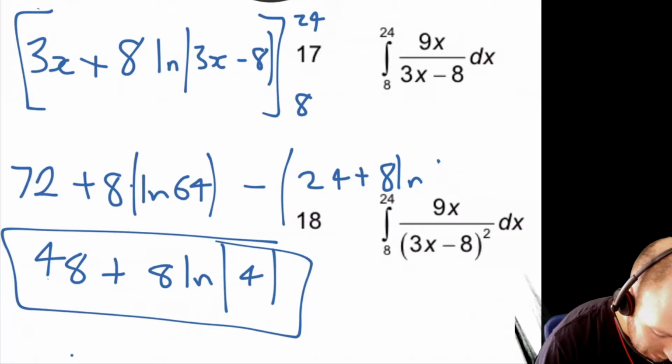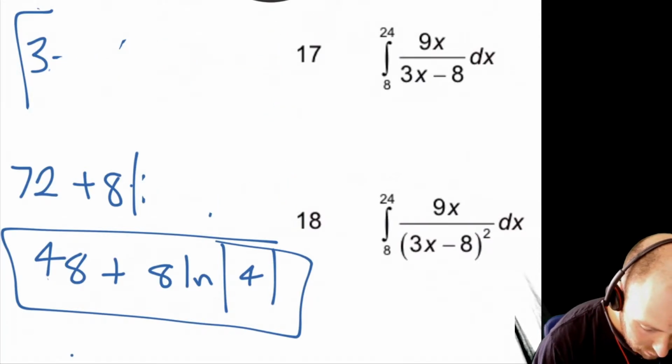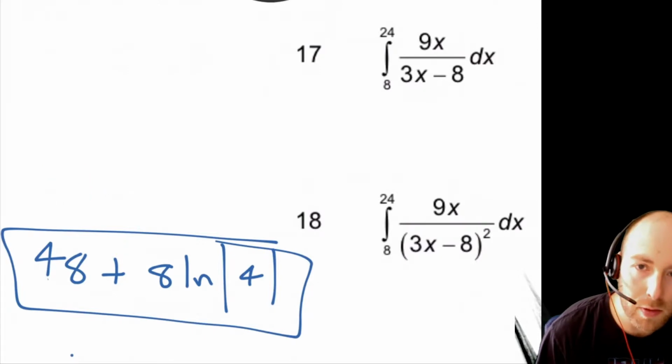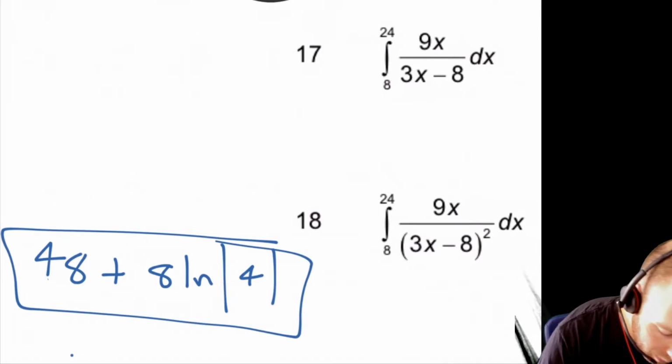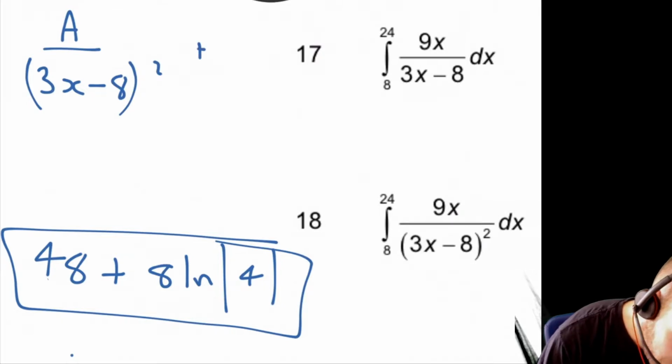Right, second one on this list is partial fractions, I believe, because we got the denominator is squared, so we can split that up. So we're going to get a over 3x take 8 all squared plus b over 3x take 8.